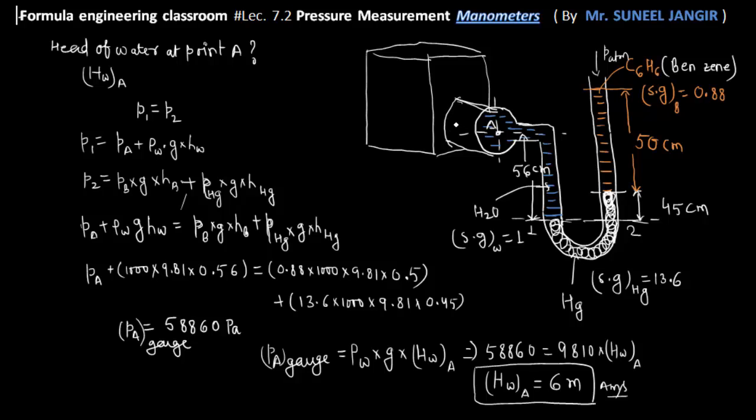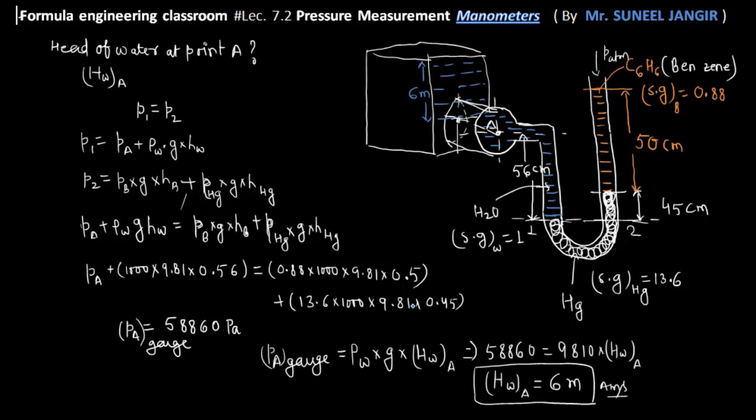This pipe is connected over here, and this is the center line of the pipe. In this tank, the level of water from this center line is 6 meter.